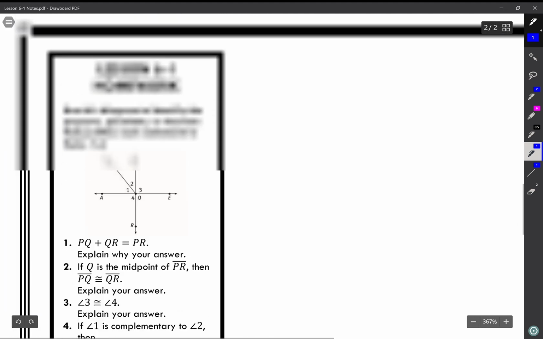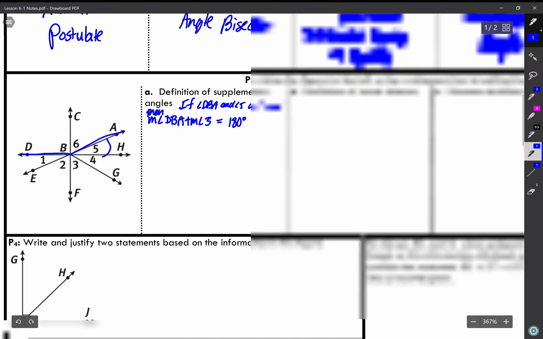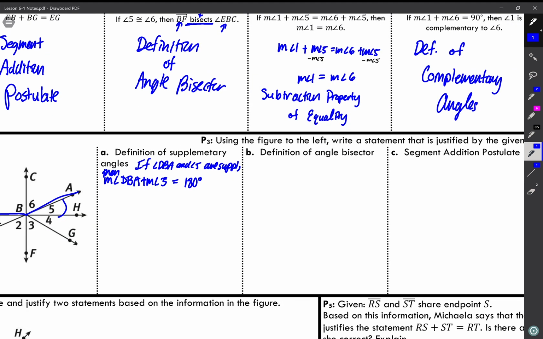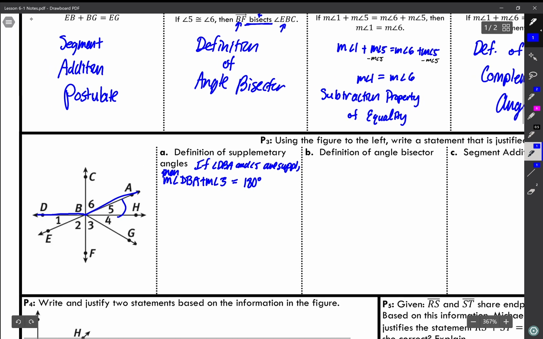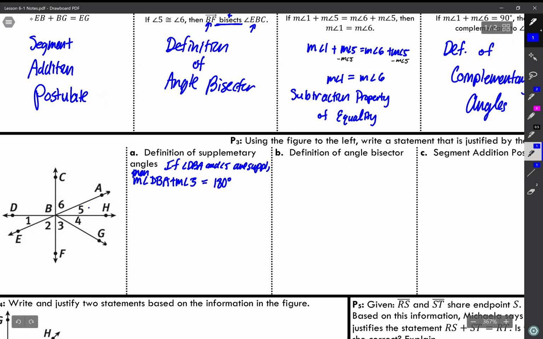Alright. Number B, where we want to give a statement that is justified by the definition of angle bisector. So, let's look here. Do any of these angles look congruent to you? How about 5 and 4?